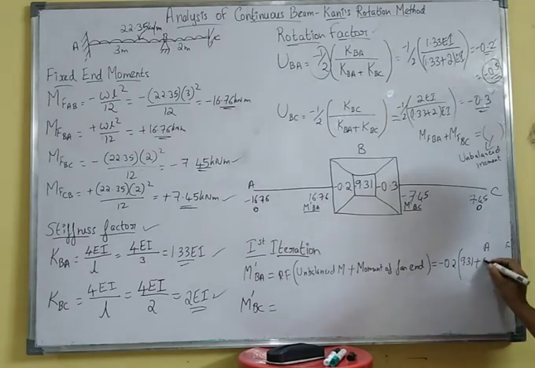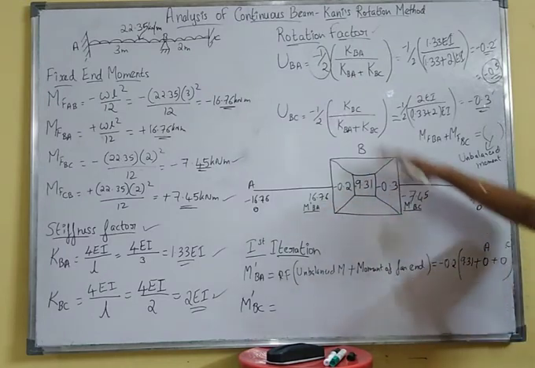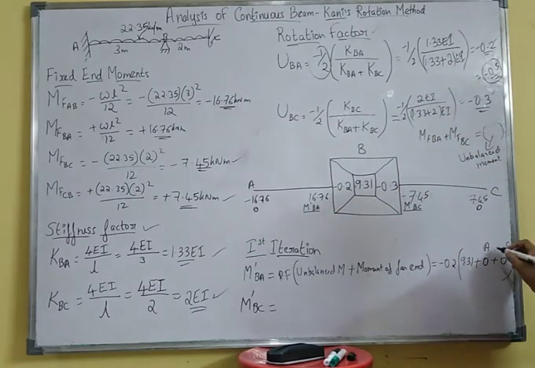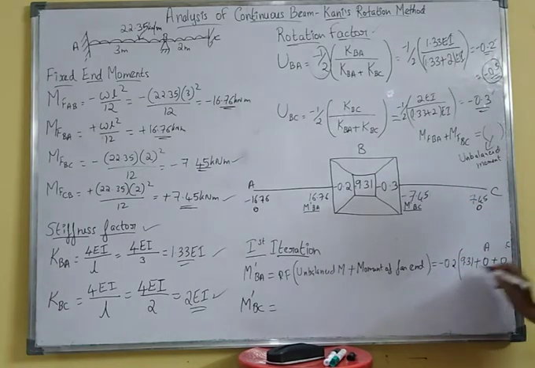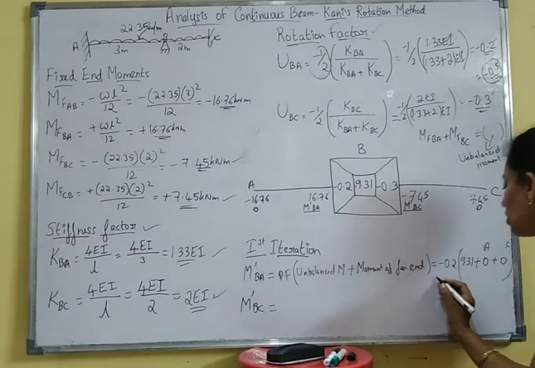So at A it is 0 and at C it is 0. You have to consider the moment of all the far end joints. So this is your formula, that is minus 0.2 into 9.31 plus 0 plus 0.